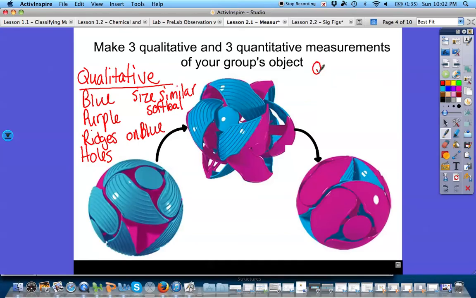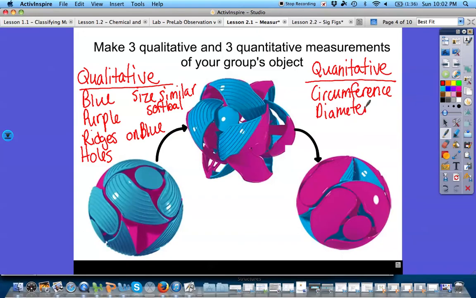For quantitative measurements, we could measure the circumference, the diameter, the radius.